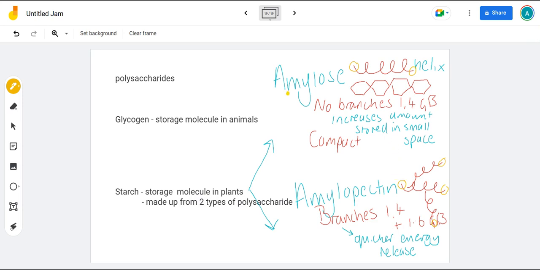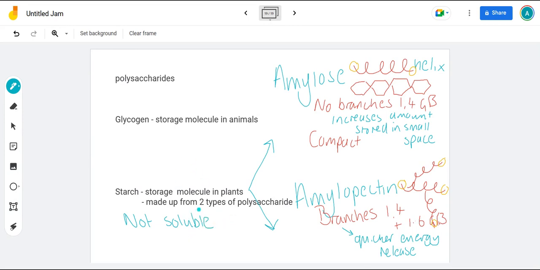A couple more things about the starch. As a whole, starch is not going to be soluble because, again, it's a really big molecule. It's insoluble. Again, that makes it a really good storage molecule, just like glycogen.